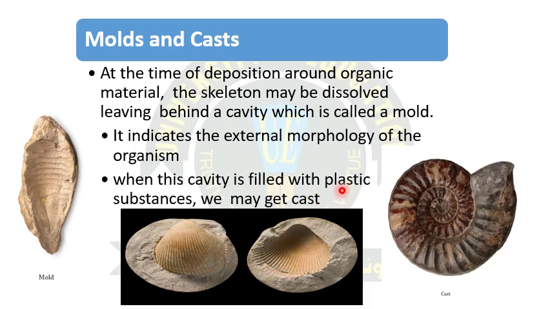As a result, when this mold is filled with plastic substance, another structure forms, which is called a cast. So, here is the mold and here is its cast. Again, here is another diagram of a mold and here is a cast.